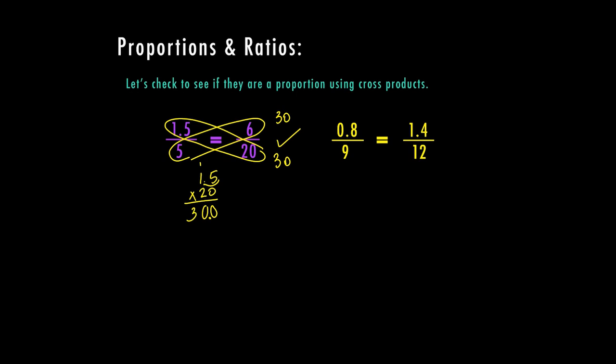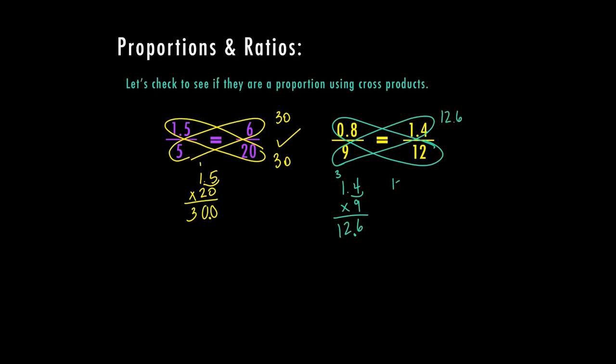So now I have decimals in both numerators. So I'm going to see if 9 times 1.4 is equal to 8/10 times 12. So let's go ahead and just do 1.4 times 9 first. This is 36, and that's 12. So I have to move my decimal again 1 time to the left, so that's 12 and 6/10.